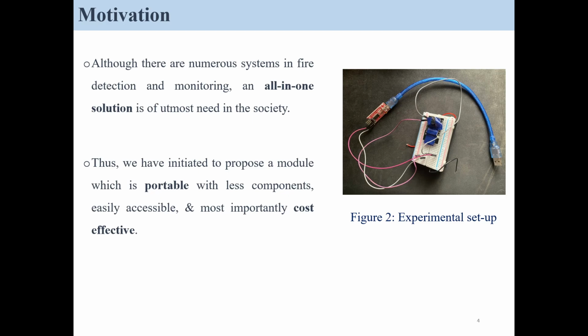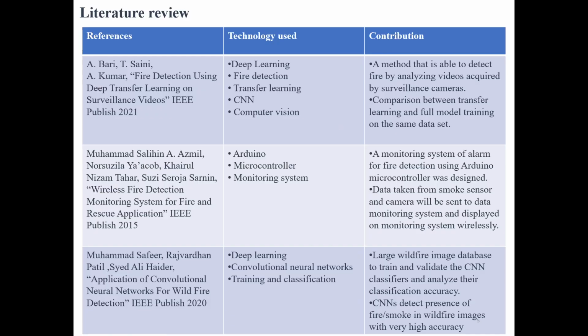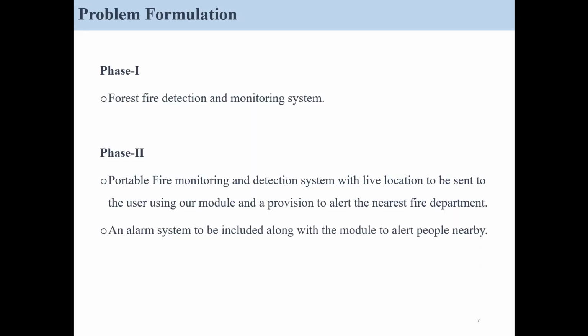Hence, we have made a model which is portable and also cost effective, as you can see here. In the first phase of our project, we have made a forest fire detection and monitoring system.